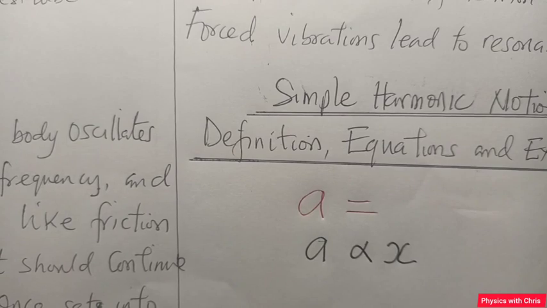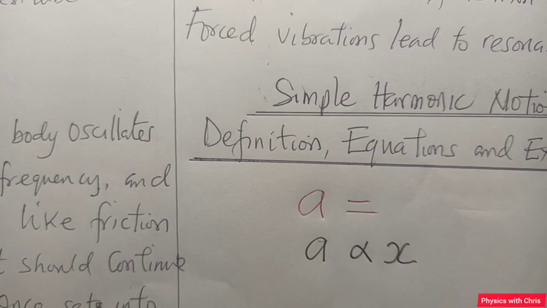So this is how we define simple harmonic motion in terms of acceleration. This tells us from this equation that the acceleration of the body must not be constant, because if the acceleration is constant, then the motion of the body is no more simple harmonic. The acceleration is meant to vary directly in proportion with the displacement.